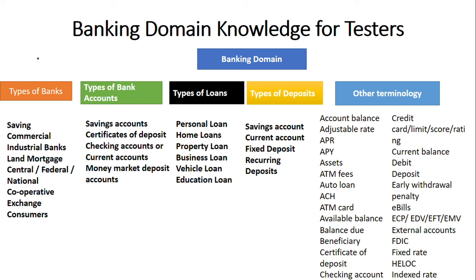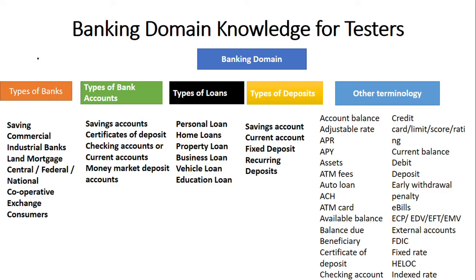Then the ATM, as you all know, you are using that ATM for withdrawal of money or depositing of money. Then APR means annual percentage rate, that refers to the yearly rate of interest paid by borrowers on various debts. Then the APY is the same concept.